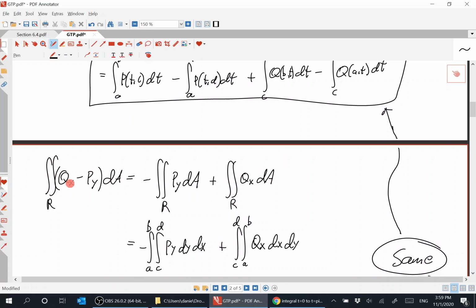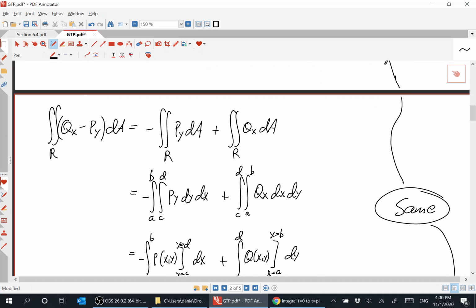Now let's look at the double integral of q_x minus p_y over that rectangle R, the interior of that rectangular curve. Well, you just split that up into two. It's minus the double integral over R of p_y plus the double integral of q_x. It's a rectangle, so I can do the integral from a to b, c to d, p_y dy dx, plus the integral from c to d, a to b, q_x dx dy.